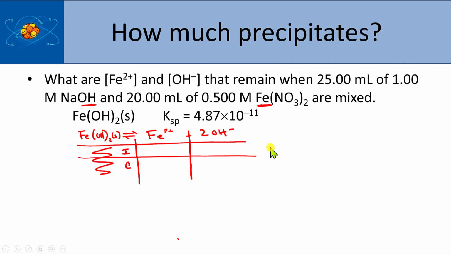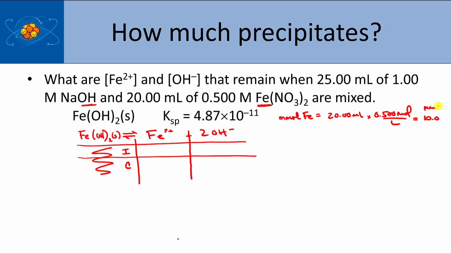Okay, so how many millimoles of iron are there? Okay, let's do that. Millimoles of Fe. Well, that's going to be 20 times this number, right? Milliliters times 0.5 molar. I'll write this one out. That's what? 10. That's millimoles.